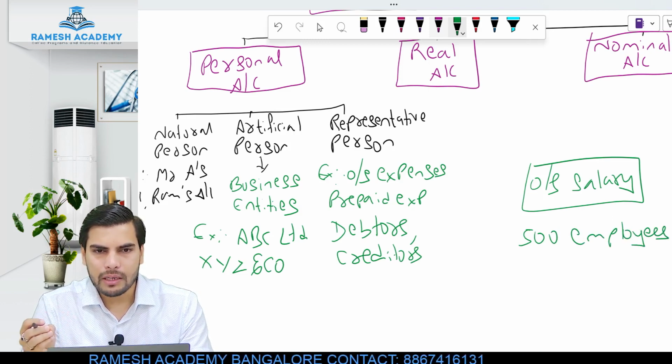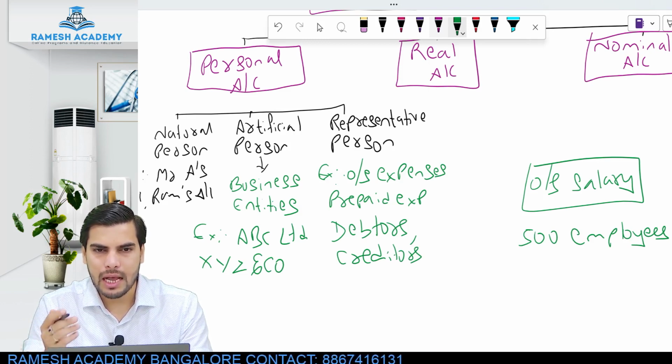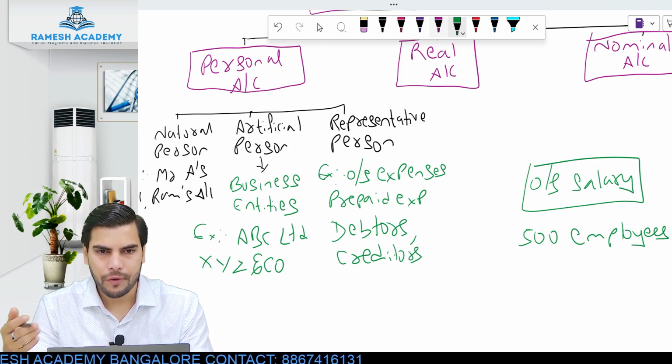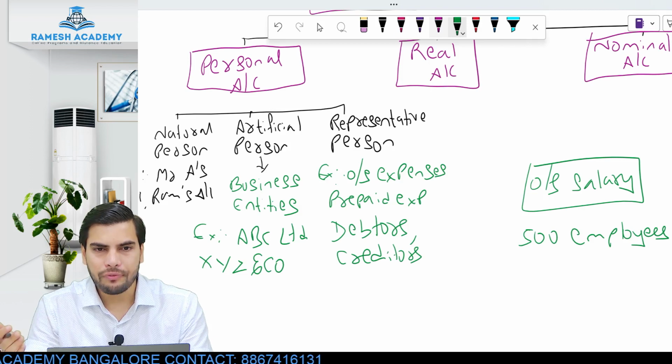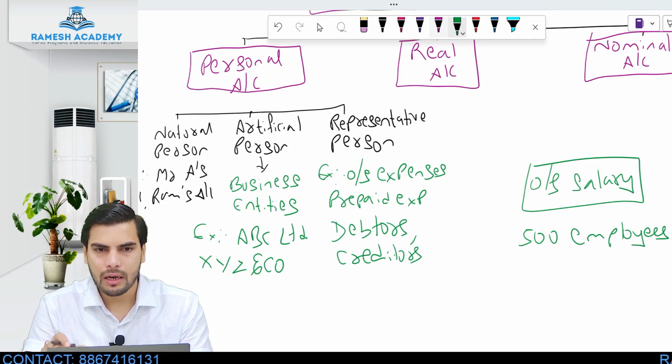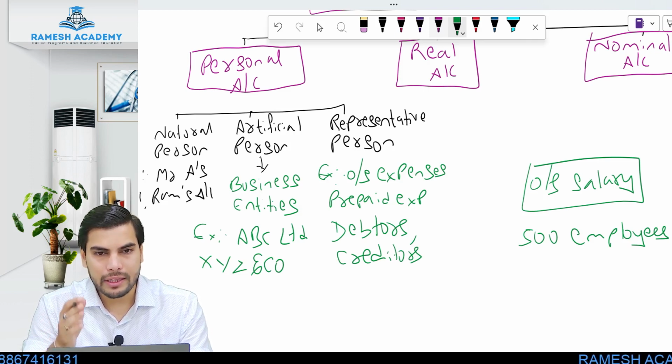Now I haven't paid the salary to these people. I have incurred the salary expenses. Let's say salary of this month will be paid on the 5th of the subsequent month. So till the 5th it would be considered as outstanding. I'll be recording the salary expenses in the current month itself, because it is the expense relating to the current month. Let's say June. So June month salary will be recorded in the month of June itself.